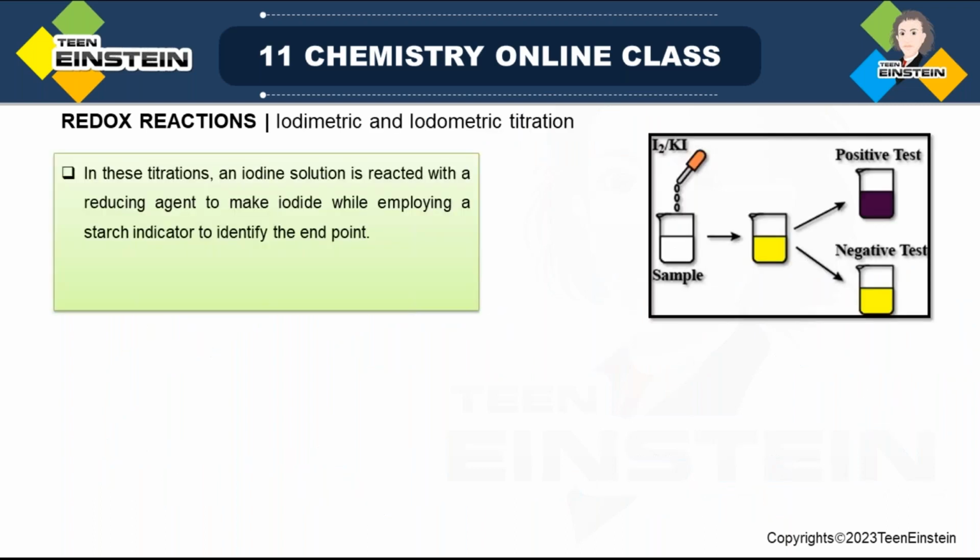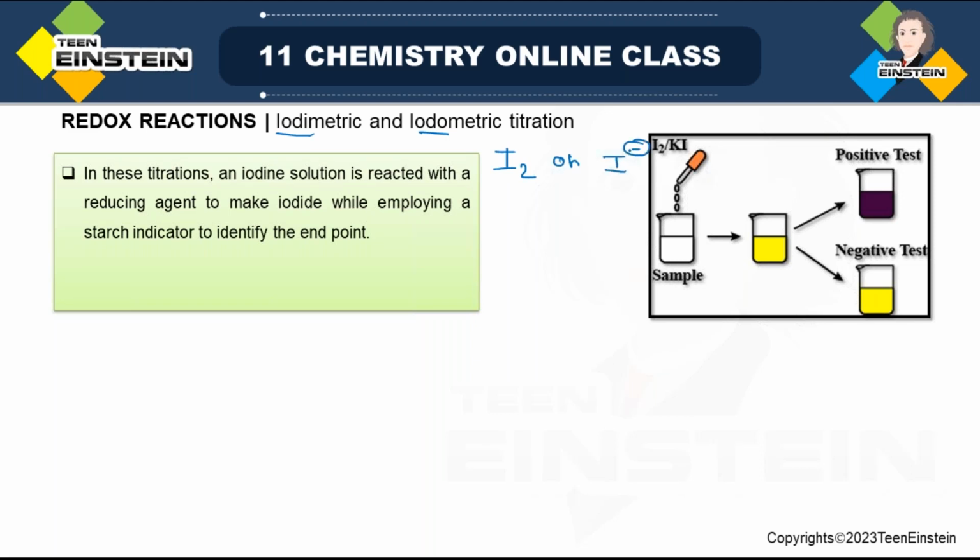Next we will start the third titration, which is iodimetric and iodometric. Now you can see here two terms, so there is a difference in spelling, iodi and iodo. But whatever it is, we will use either I2 or we will use I minus.